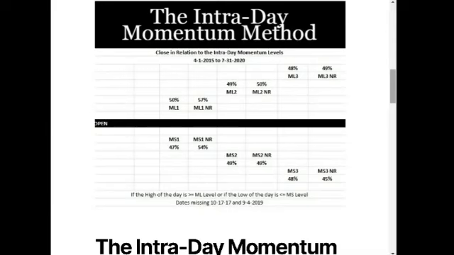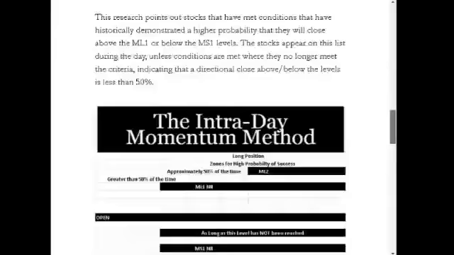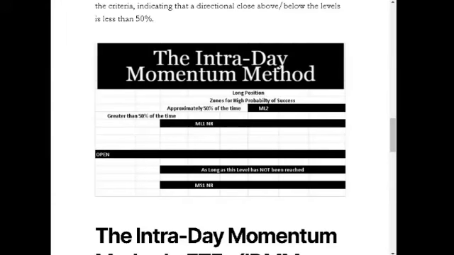If it is not an intraday reversal, it closed at or above that level 57% of the time. The higher probability scenarios, the probability is greater than 50% of the time if it reaches the ML1, and approximately 50% of the time it reaches the ML2.